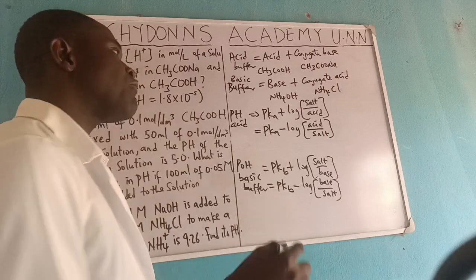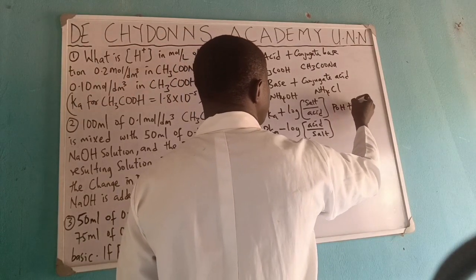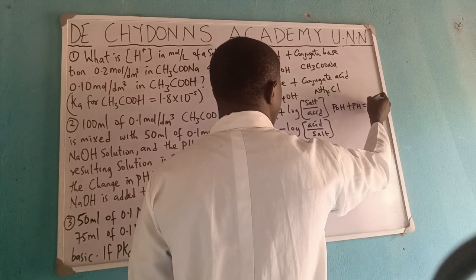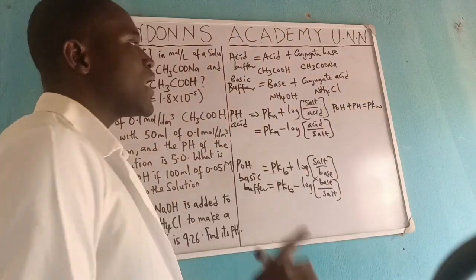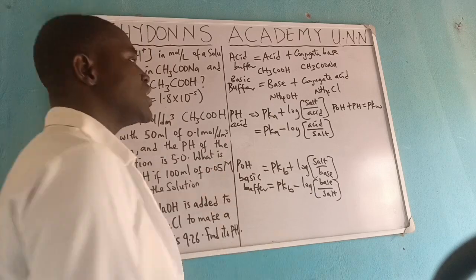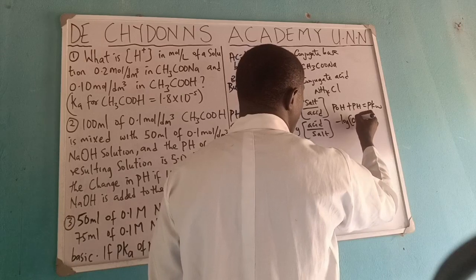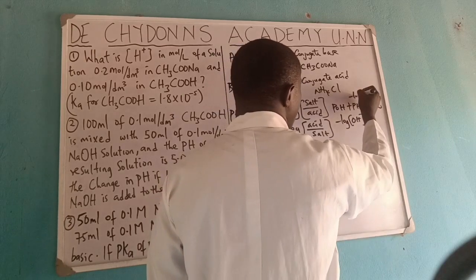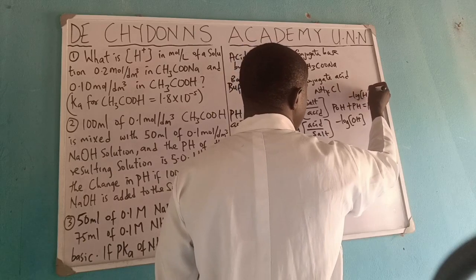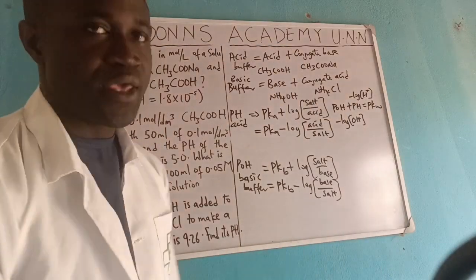Now, it's important for you to know that pOH plus pH equals pKw. When you hear pOH, it means minus log of OH. When you hear pH, it means minus log of H. So minus log in this topic is called p.